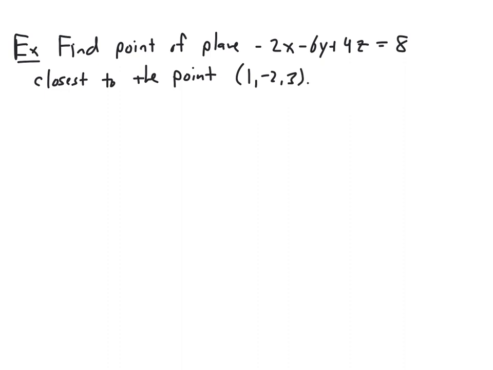All right, so we have this plane in 3-space, and we have this point that's not in the plane, and we want to find that point that is nearest the point subject to being on the plane.